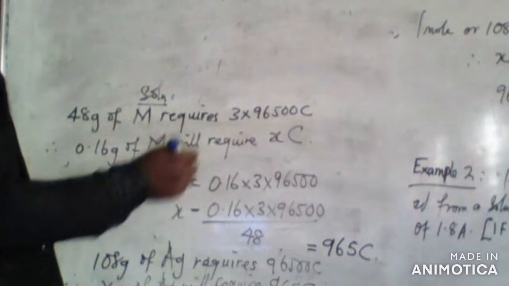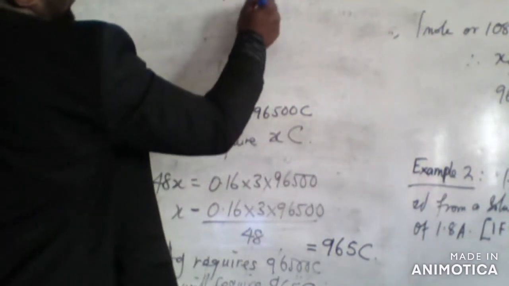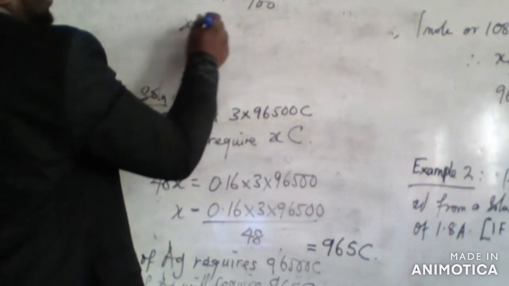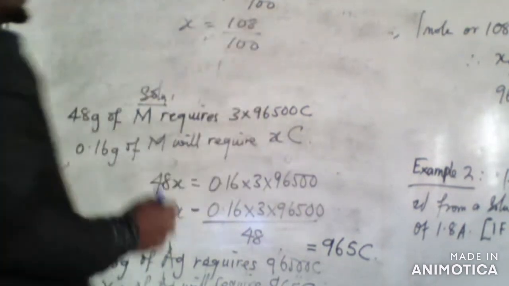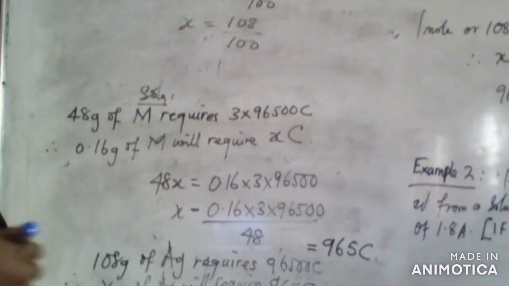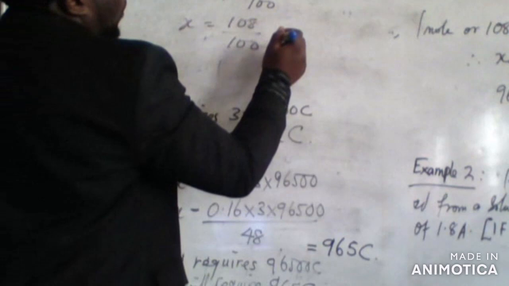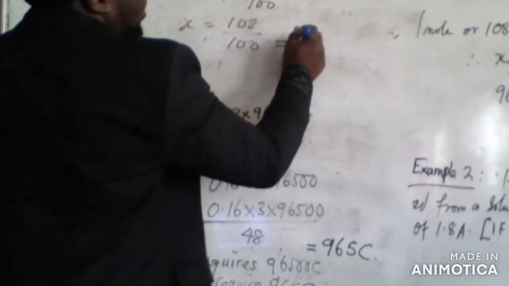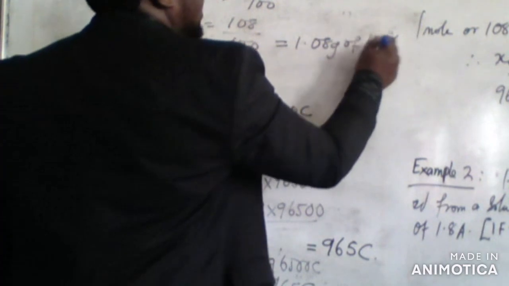So obviously what you have here is almost as simple as saying 108 divided by 100. So 108 divided by 100 will give us 1.08 grams of silver.